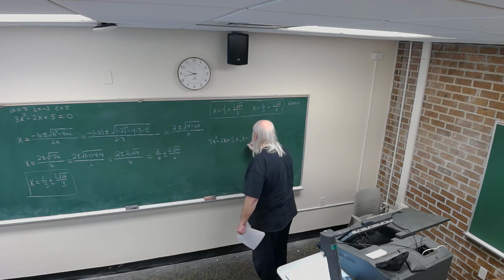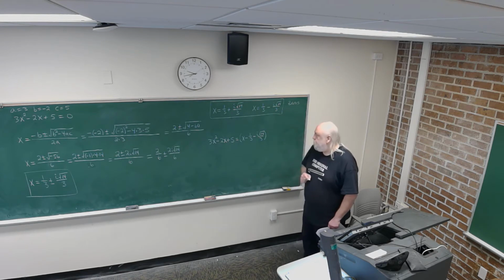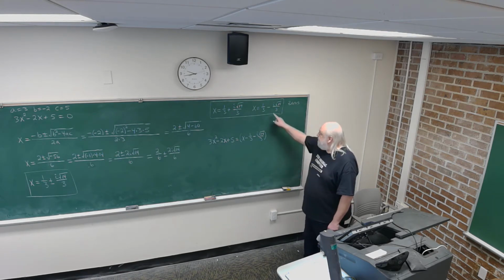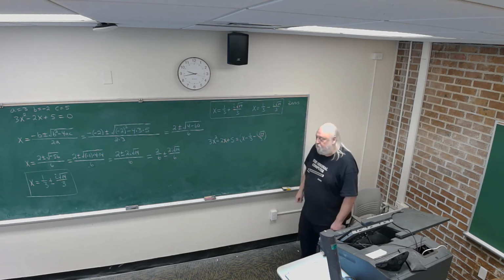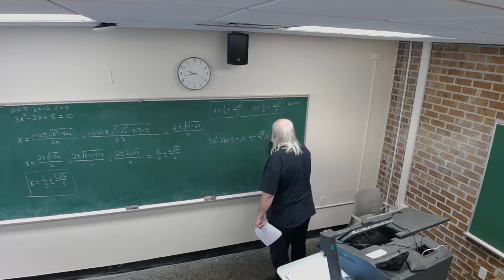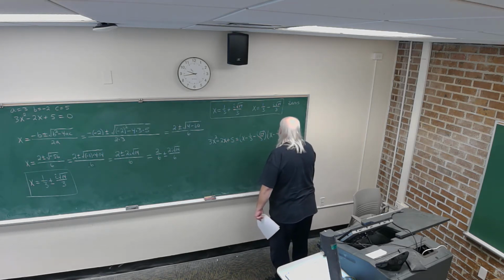And the first factor is x minus 1/3 minus i root 14 over 3. And then to get the second factor, we subtract 1/3 from both sides and add i root 14 over 3. You have x minus 1/3 plus i root 14 over 3.